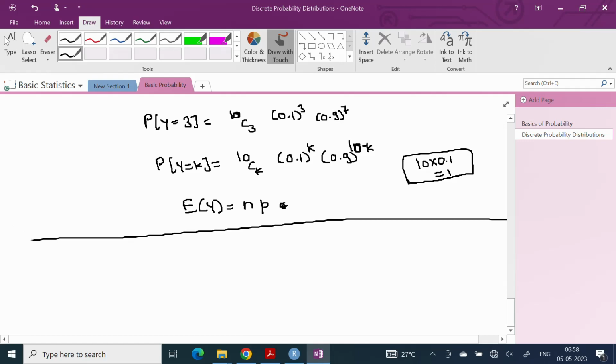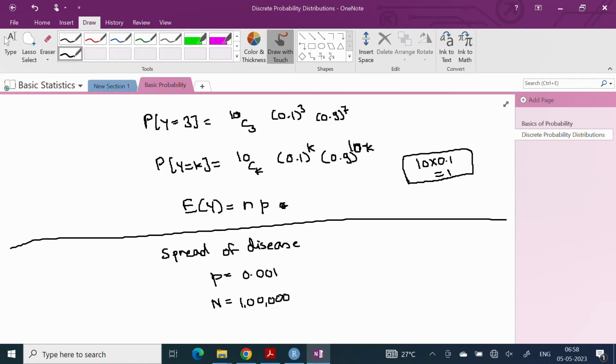For example, someone tells us that some disease is getting spread, and that the chances of a person having this disease are 0.001, and our town, suppose, has 1 lakh people staying in it. Then what is the expected number of people who will be affected by this disease?